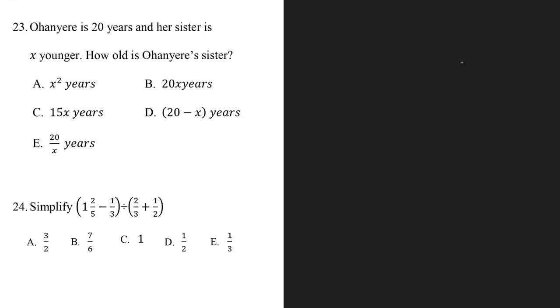Alright, question 23 says that Ohaniere, sorry if I pronounce it wrong, is 20 years and her sister is X years younger. How old is Ohaniere's sister? Are we there? So remember we said Ohaniere's age is what? It is 20. Is that not?